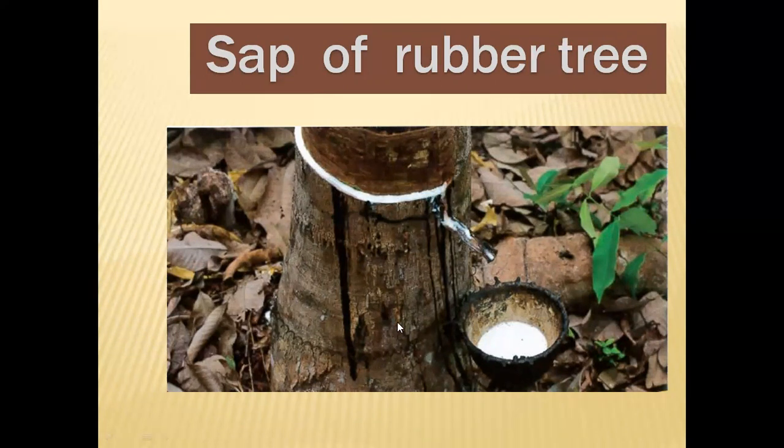Okay, so rubber is a natural material. It comes from the sap of the rubber tree. You can see in the picture, this white liquid is the sap of the rubber tree.